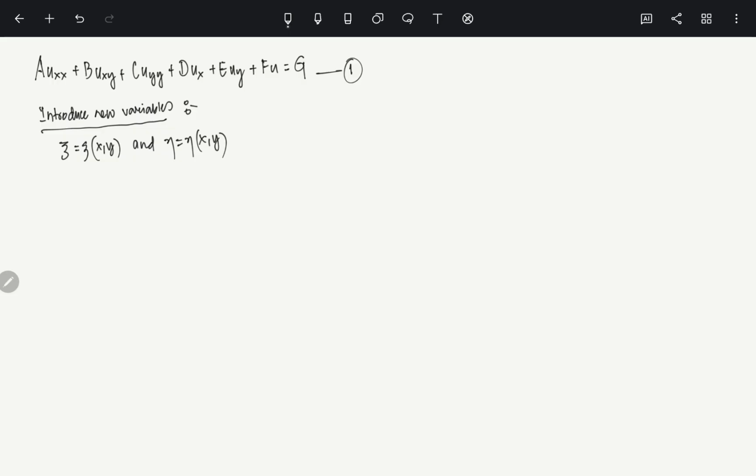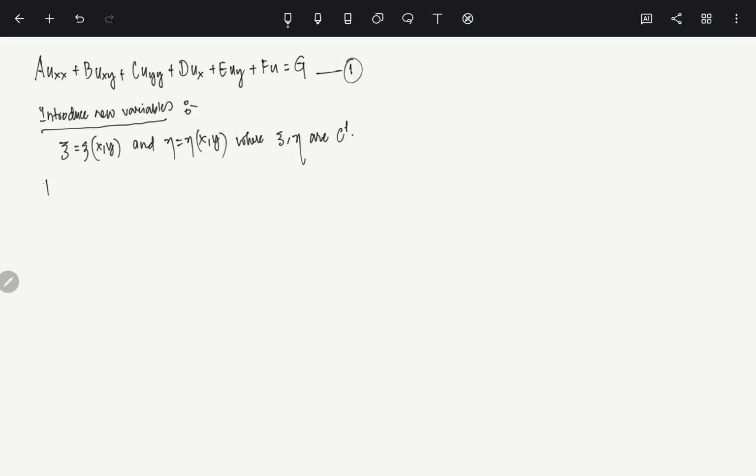First of all, we introduce two variables, xi and eta, where xi and eta are C1 continuously differentiable. It means all possible first order derivatives exist, and they are going to be continuous.